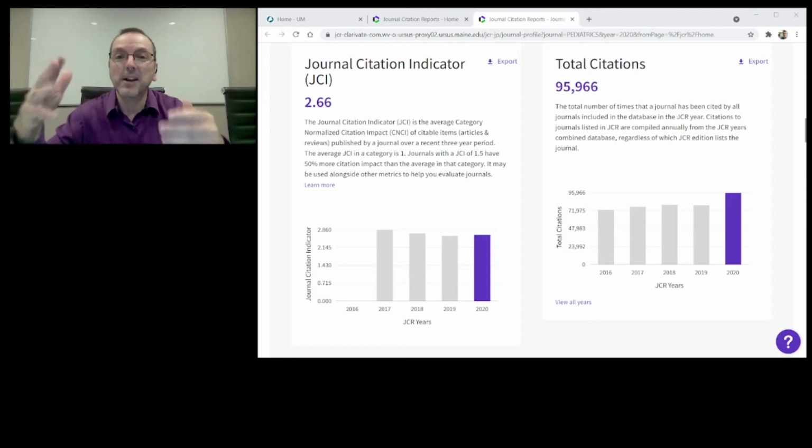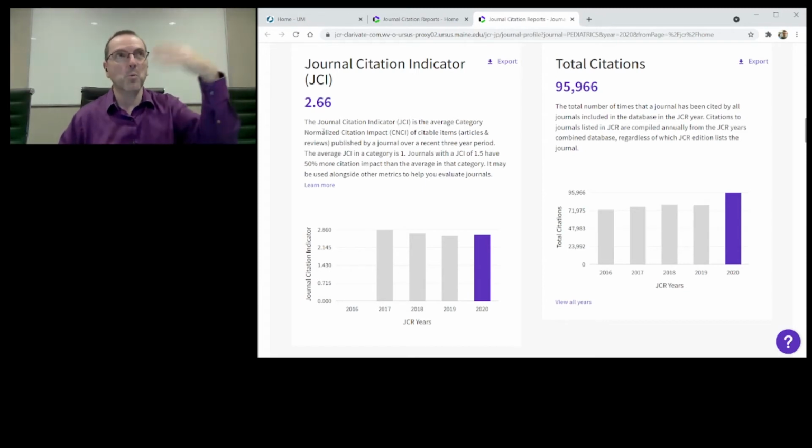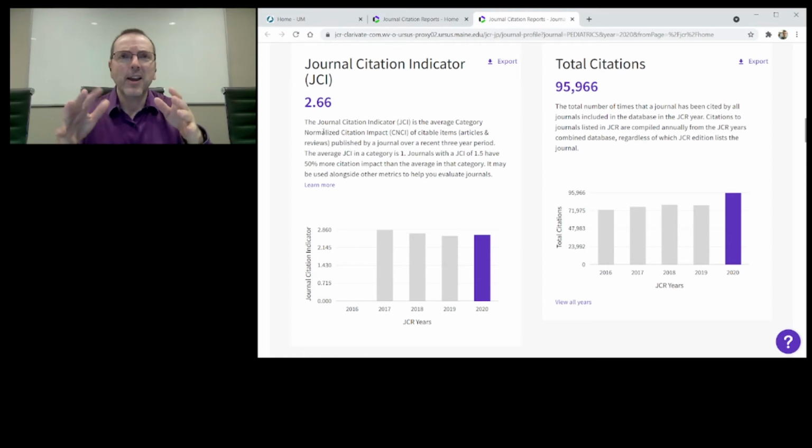Journal citation indicator less than 1 tells you that there's fewer citations than you would have expected for that journal, so it's a little below average. In this case, a 2.66 is great. It's well above the average number of citations, again, for a journal in this area, based on the year and the type of topics and everything.